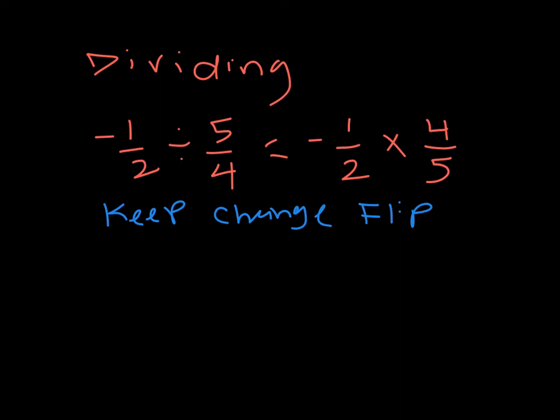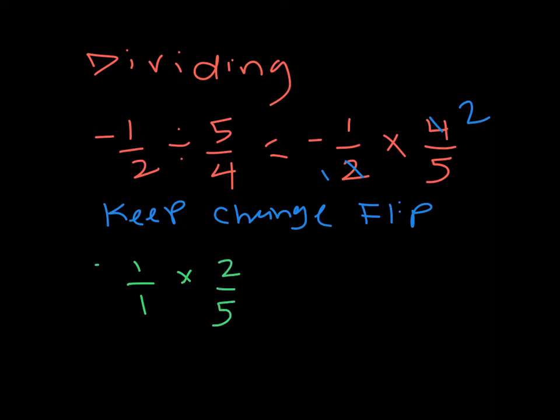So I'm going to look and see if I can cross cancel anything. So 1 and 5 are already in their simplest state. I can't cross cancel there. But I can cross cancel between the 2 and the 4. 2 goes into 2 one time, and 2 goes into 4 2 times. So I'm now going to rewrite this problem as 1 over 1 times 2/5.